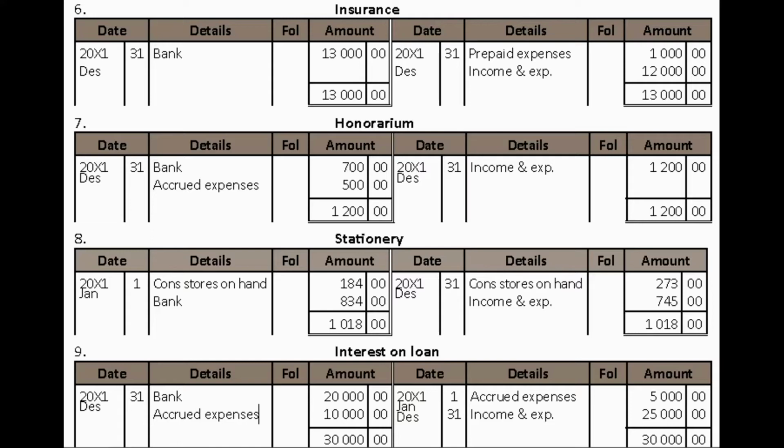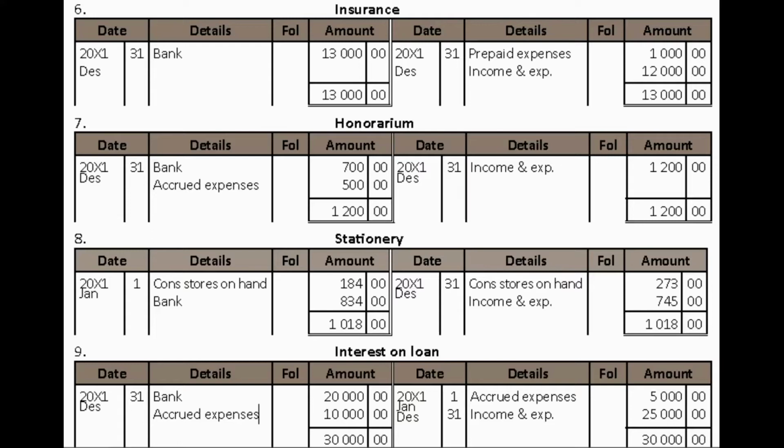And remember to open your little T account for your prepaid expenses account, which you will debit 1,000. Okay. And then if you close that account off to the income and expenditure account, you'll see it's an amount of 12,000 that you're going to transfer to your income and expenditure account for insurance.